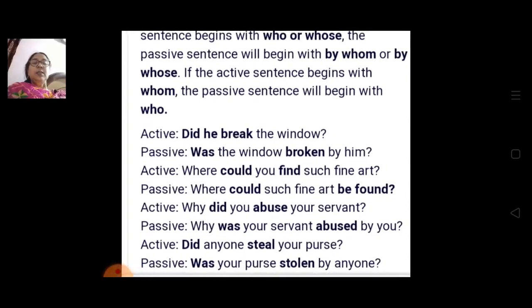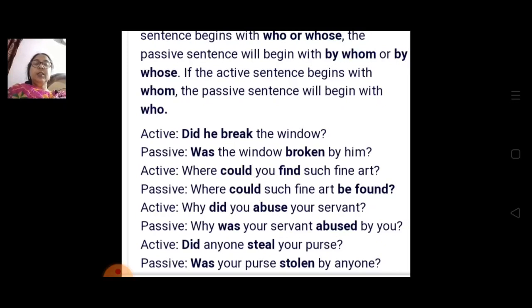Now here you can see, did he break the window? In passive voice, the window was broken by him. Now in active voice, where could you find such fine art? In passive voice, where could such fine art be found?